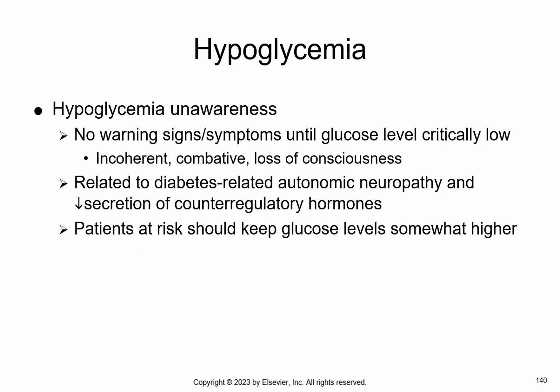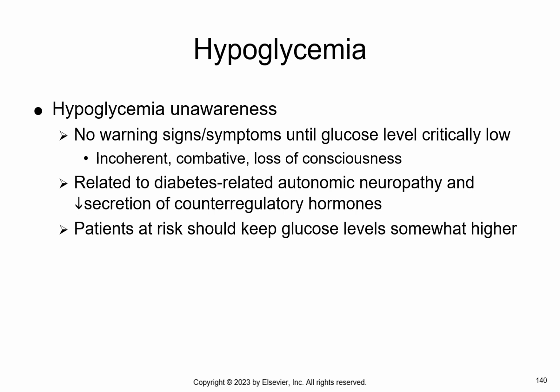Then we go on to hypoglycemia unawareness. It is a condition in which a person does not have the warning signs and symptoms of hypoglycemia until the glucose reaches a critical point. Then the person may become incoherent and combative or lose consciousness.